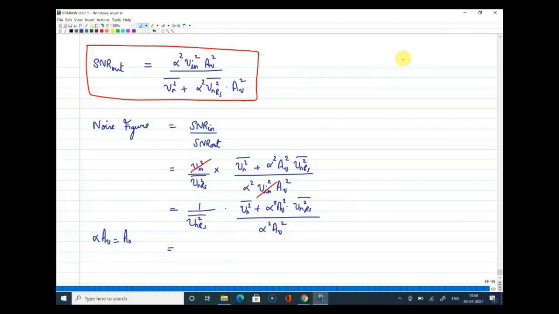So what is this Vn Rs square bar? How can we write it? That is the noise power of the antenna resistance. So how will we write that? Any answers? Do you remember how we expressed the noise voltage of a resistance with value R?